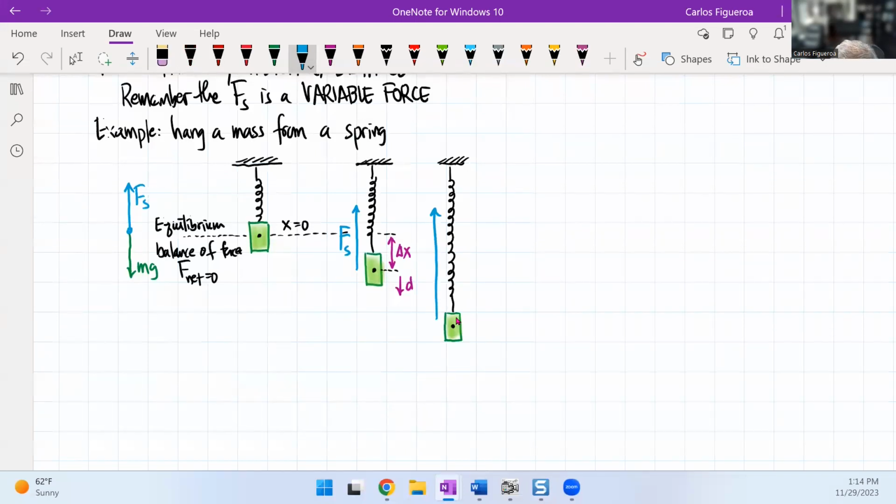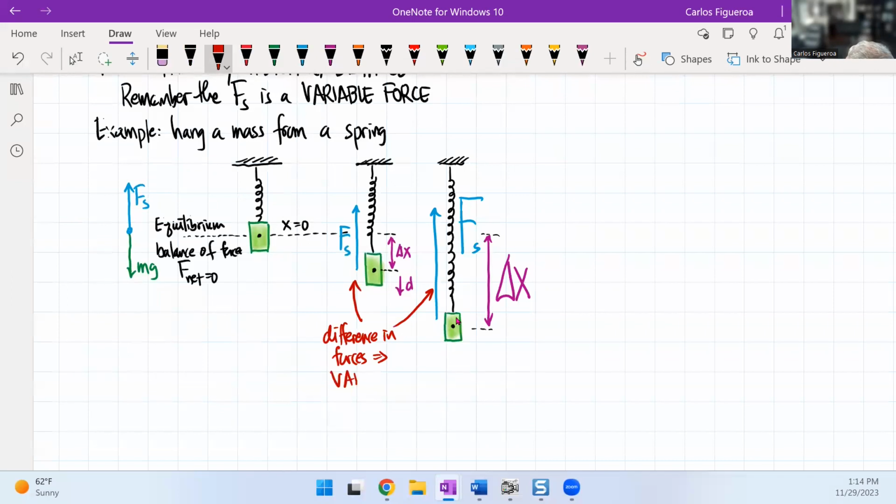Your experience is that this force here is going to be larger than before. So when I compare this, and we ask the question, why is this larger? The reason why is because our displacement is larger. And what you're catching here is that from here to here, there's a difference in forces. And that implies it's a variable force. I have to pull harder on the bigger distance here.